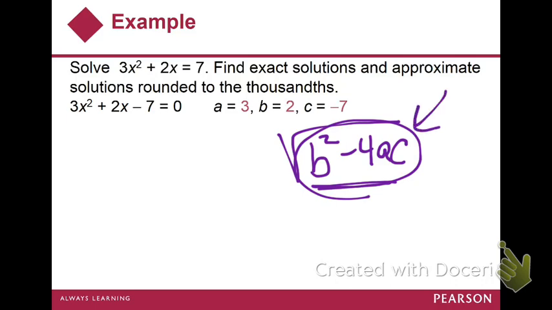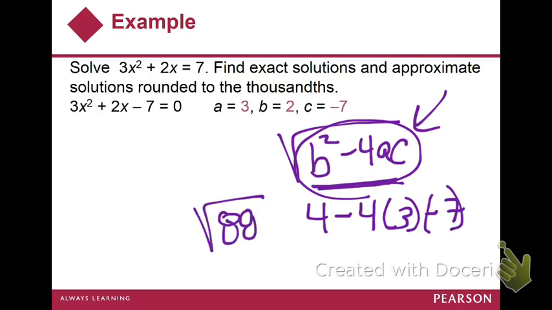And it's called the discriminant because it gives you information. In our case, we had 4 minus 4 times 3 times negative 7. So that equaled a positive 88 under the square root. This number, this 88 here, is called our discriminant.